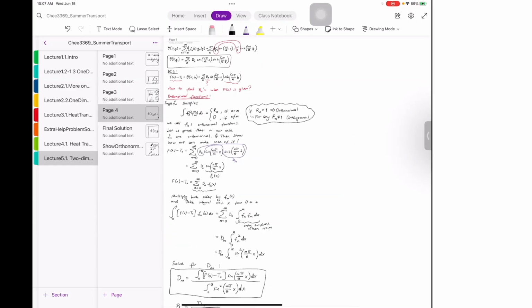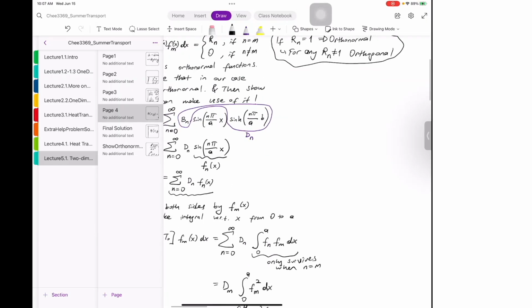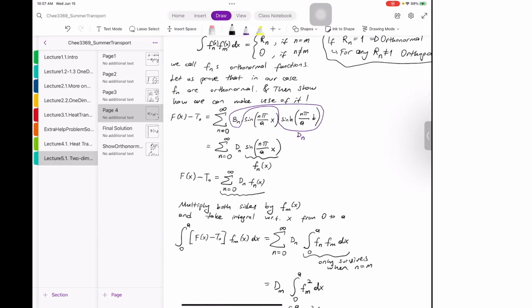We said we can use the orthogonality or orthonormality to be able to solve for the coefficients B_n, because when we take the integral of F_n dx, then the terms which are not equal to n just vanish, but only the term that is equal to n survives.